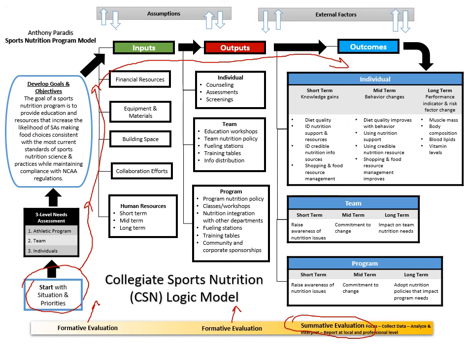And of course, you can see up here, I didn't talk about this in the beginning, but you have assumptions and external factors that are going to affect these things, that may be something that you're aware of, or may not even be in your control. But that is the model in its entirety. And so let's move on to our final steps.